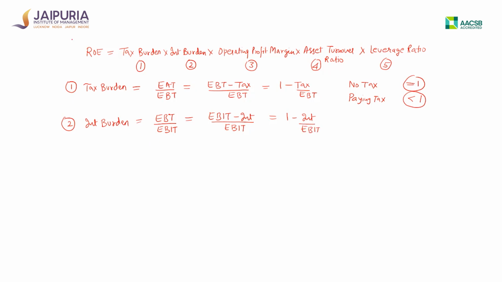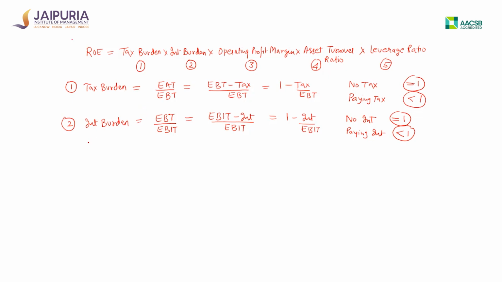So if the firm is paying no interest, this ratio will be equal to 1, and if the firm is paying interest, this ratio will be less than 1.